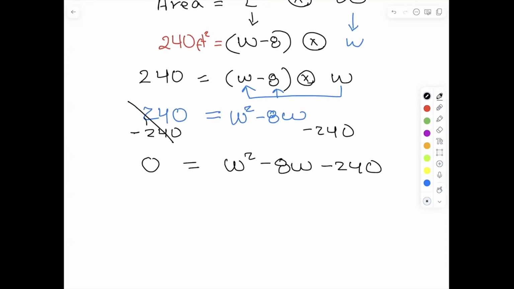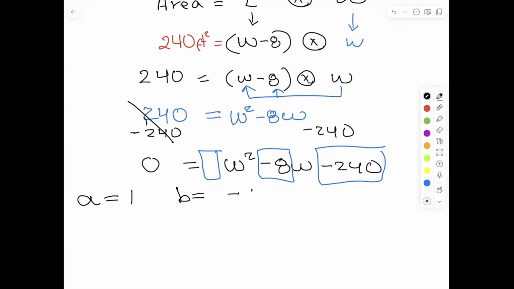Now, what is the goal? The goal is to find W. So let's look at this. What is the value of A? What is the value of B? And what is the value of C? Well, A is equal to 1. B is equal to negative 8.